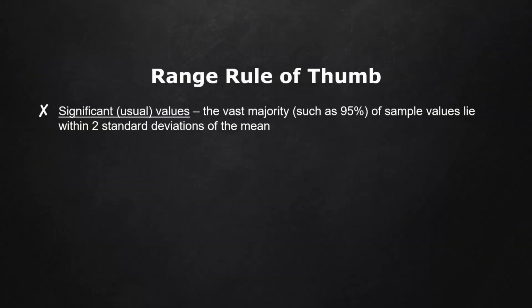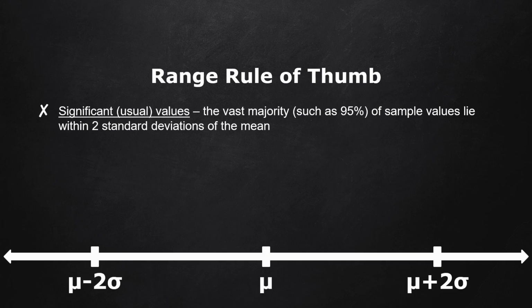There's another part that's kind of interesting for this range rule of thumb. It has to do with significant values, also known as usual values. So the vast majority of sample values, about 95%, lie within 2 standard deviations of the mean. So in order to visualize this a little better, I have a little diagram here. So we have the mean right there in the middle. And as we recall, it's a measure of center, so yeah, it's got to be in the center.